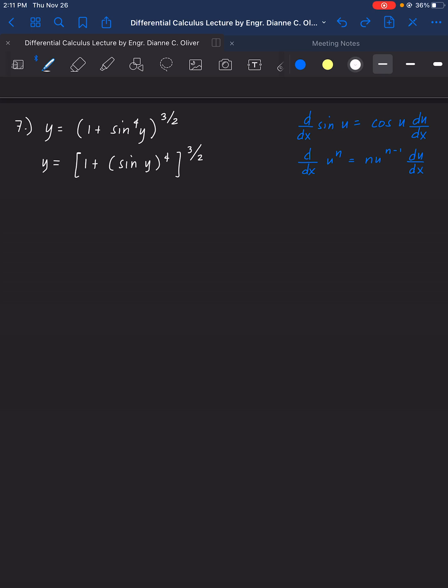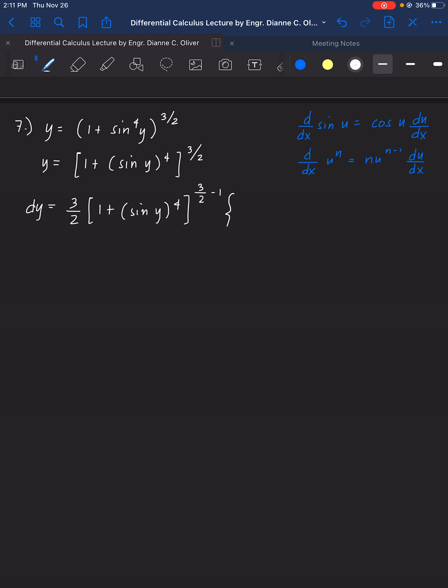Okay, now let's execute the patterns. dy. So power formula, bring down 3/2, copy u, which is 1 plus sine y to the 4th, then power minus 1, then the derivative of the u, the derivative inside.